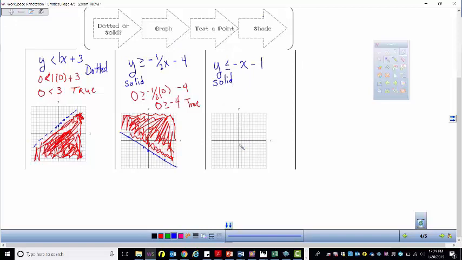So I'm going to start at negative 1. And for my slope, remember there's a 1 here. So my slope is negative 1. So I go down 1 over 1 like that. I could go backwards. And once I get a few points, then I can draw my line. This one is a solid line. Whoops. Sorry. You can draw your solid line in there.